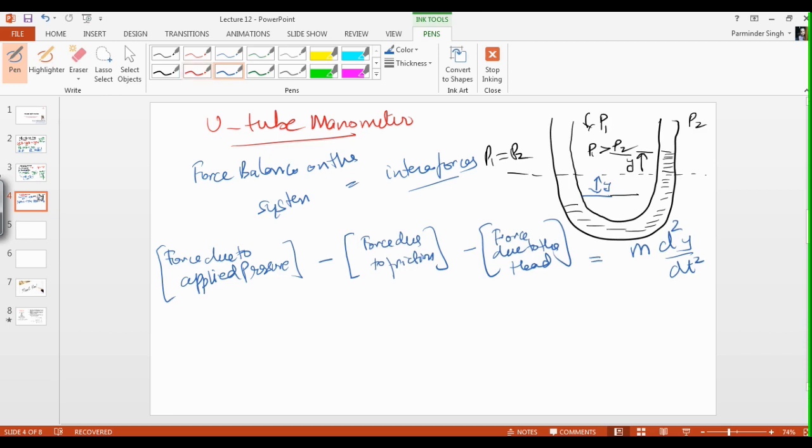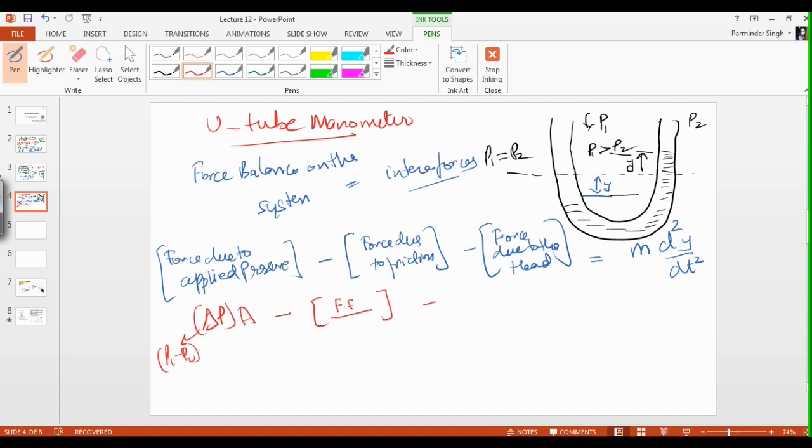Now let's apply the force balance. Because of the pressure difference, the force will be delta P into A, where delta P is nothing but P1 minus P2. Clear? Force due to friction we'll find out later on.